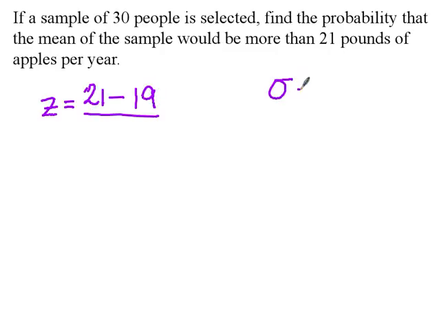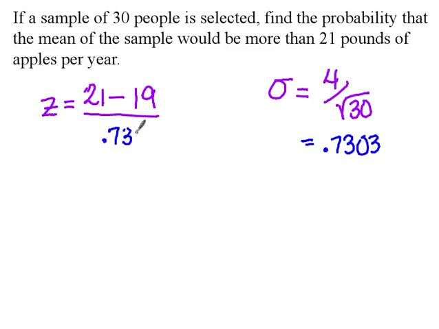So sigma is going to equal 4 divided by root 30. What is 4 divided by root 30? 0.7303. Okay, so in this case, I'm going to get 2 divided by 0.7303.